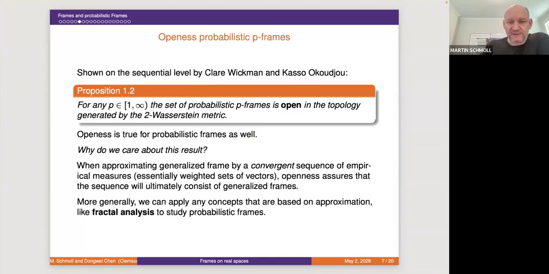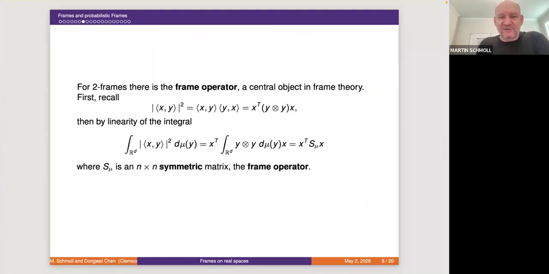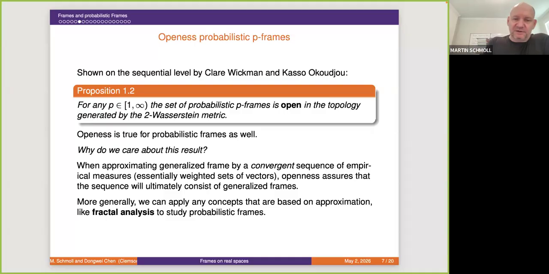So basically, you can use all kinds of analysis now because you deal with open sets. So that's the first thing. And I applied that with my student Dong Wai to some questions, and that was a very useful thing to know.